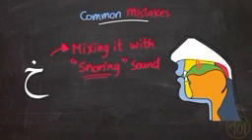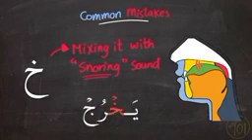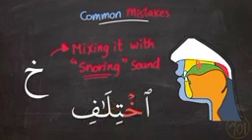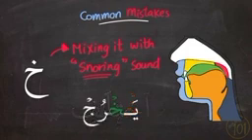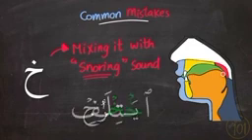And it sounds like this. يخرج، اختلاف. And this is of course not correct because the sound of kha should come from much deeper in the mouth, in fact from the nearest part of the throat. يخرج.